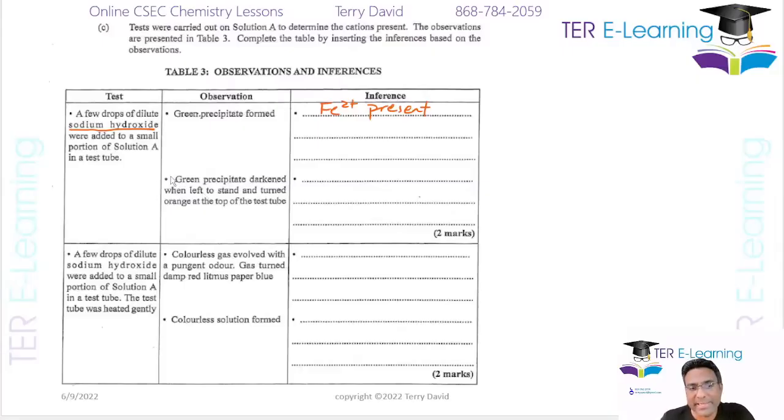Now, the next thing here, they said the green precipitate darkened when left to stand and turned orange at the top of the test tube. My first guess here is that the Fe2+ is being oxidized to Fe3+. So what we're going to get here is Fe3+ present. That's my guess for this one.